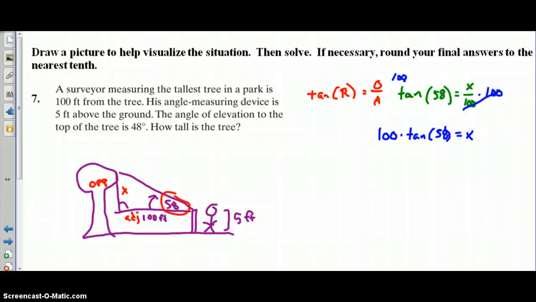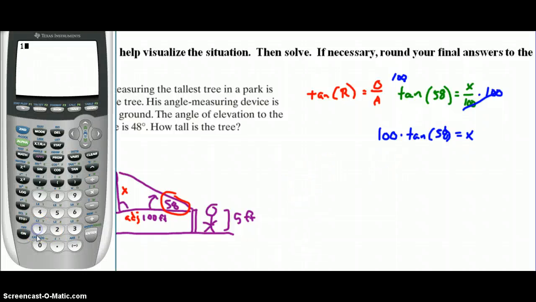So now that x is by itself, we can use our calculator and enter that information in. So 100 times the tangent of 58 degrees is equivalent to 160.0335 if we go to 4 decimal places.